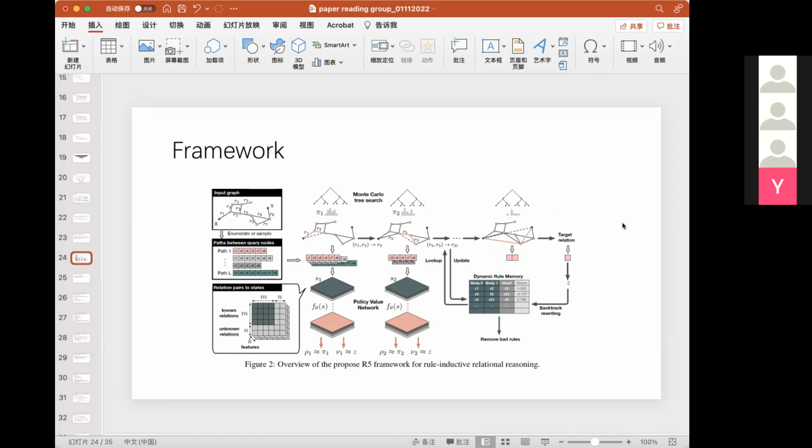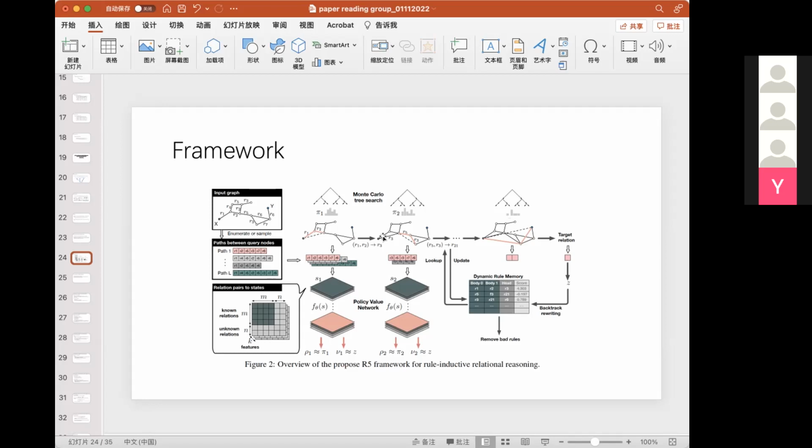Then the unknown relation will also have a related feature. Whenever they see R1, R2 and the following relation, they just replace R1, R2 with that unknown relation, and they utilize that to collect the statistics.